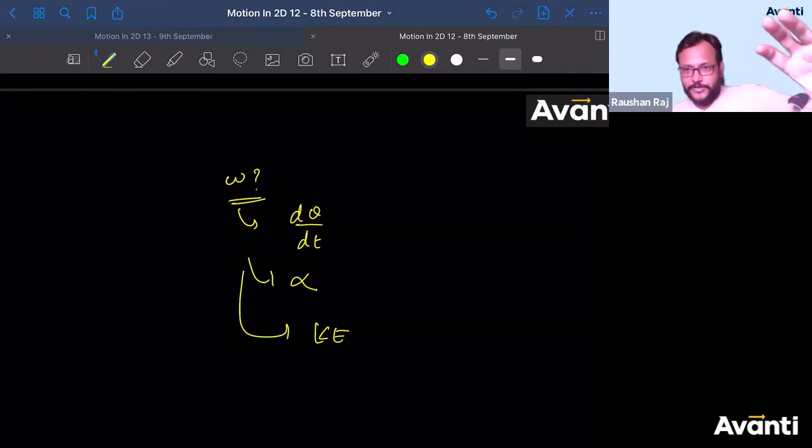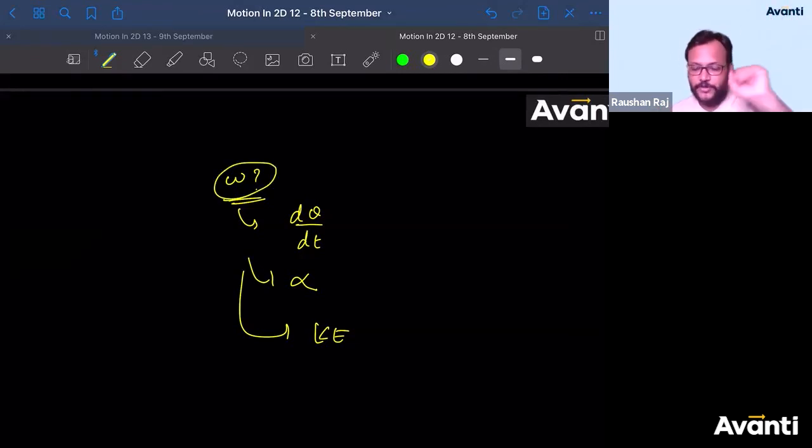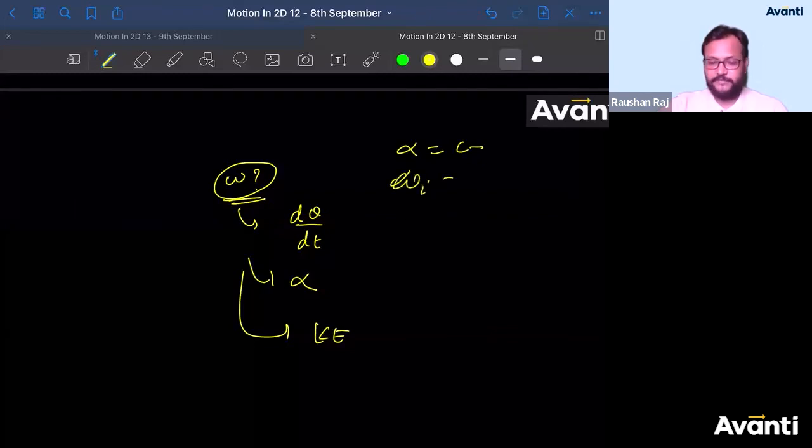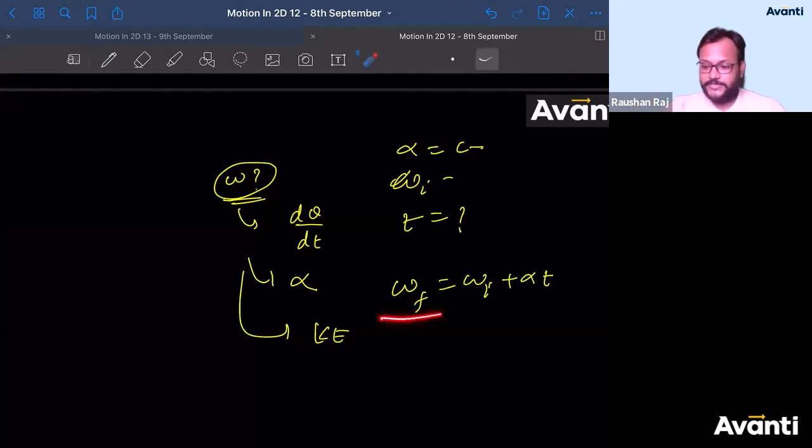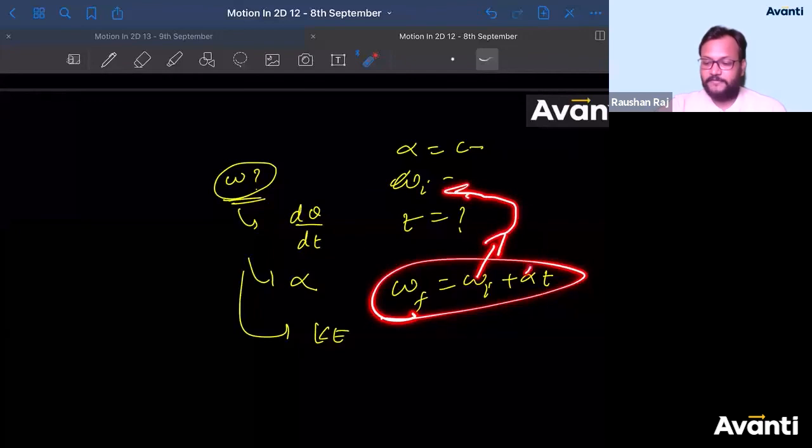Now I'll look at the question. What are the parameters that have been given to us? If alpha is constant, some initial velocity is given to us, and time is given to us, I look for some relation. I know a relation: omega f is equal to omega i plus alpha into t. In this relation, omega i is given to us, alpha is given to us, and time is given to us.